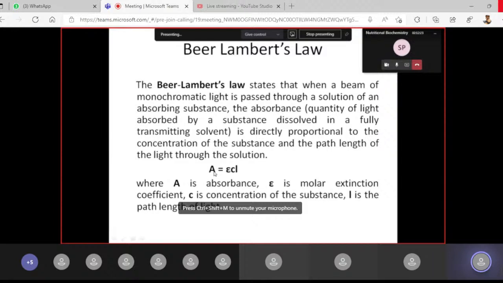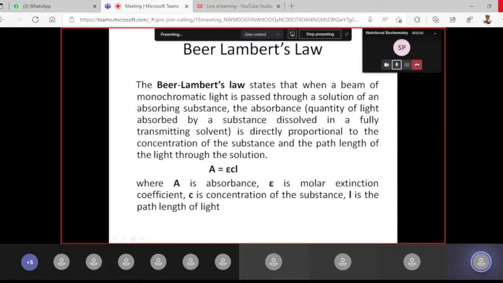So your absorbance is directly proportional to concentration and the path length of light. This is what the Beer-Lambert's law states. This is the principle.